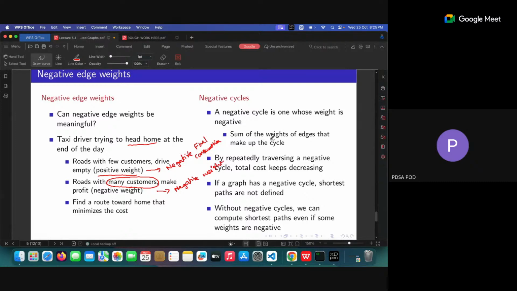So now the issue is that negative weights are different from negative cycles. Repeating a cycle with a negative weight results in a negative again. See, a negative cycle is one whose weight is negative, the sum of the weights of the edges that make up the cycle. Say you go A to B and C, so a negative cycle is formed.